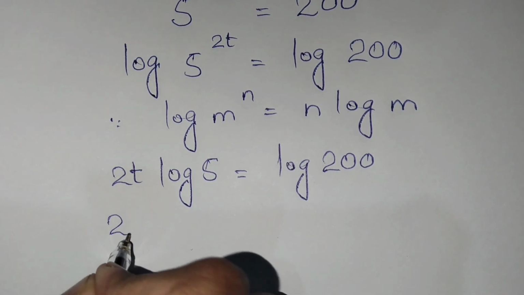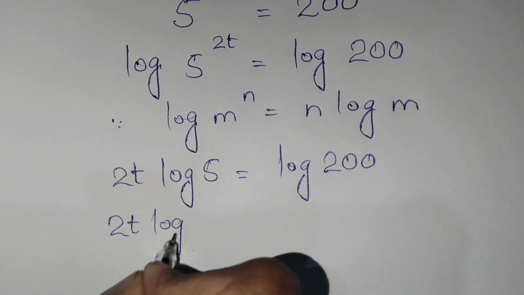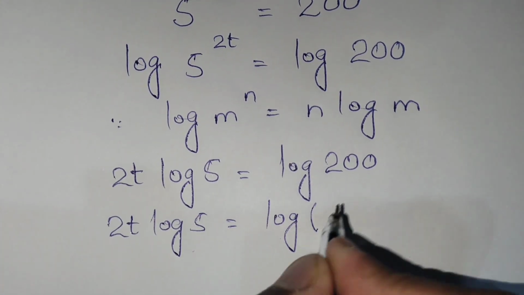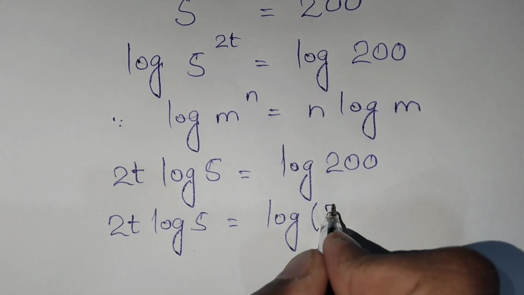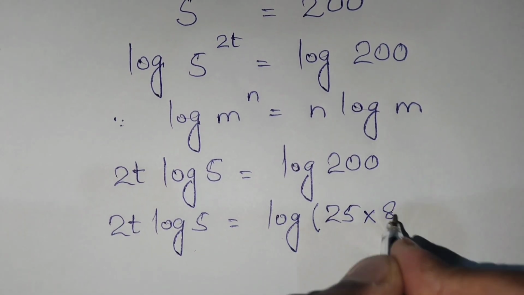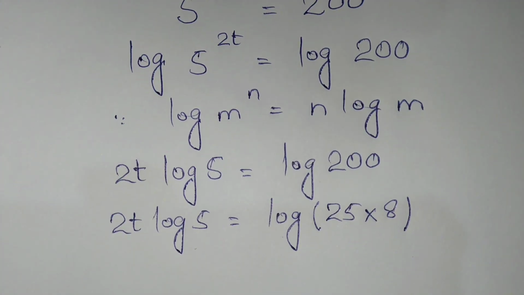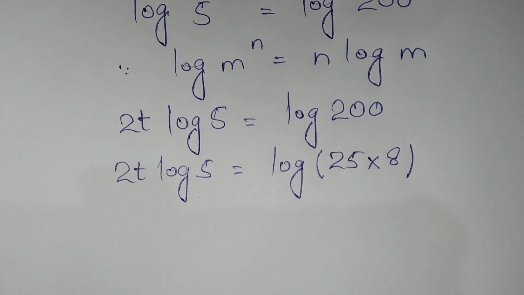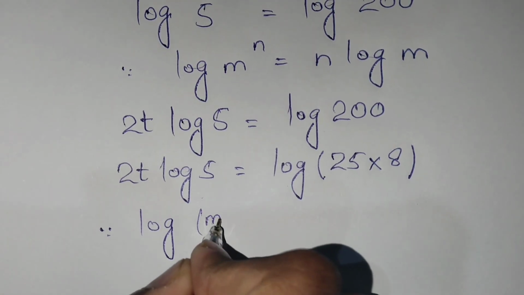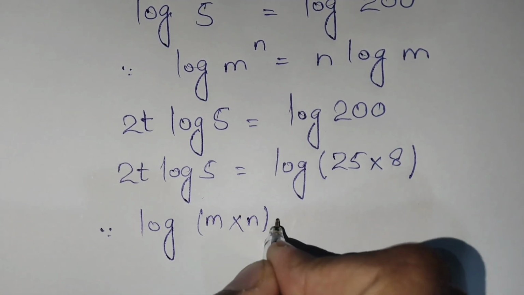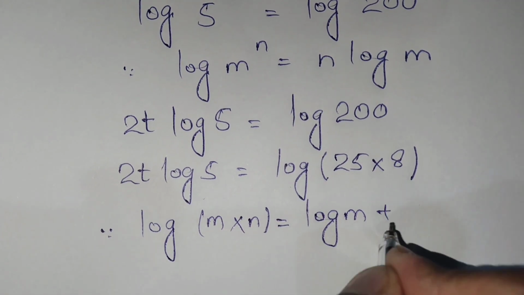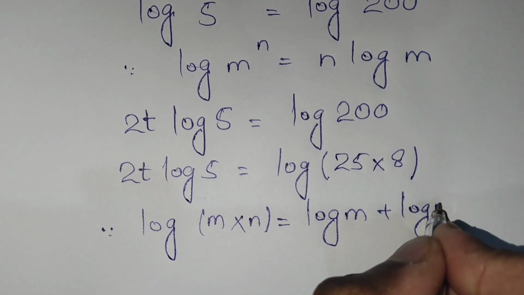Now, 2t log of 5 is equal to log of, we can write 200 as 25 times 8. We know that log of m times n is equal to log of m plus log of n.